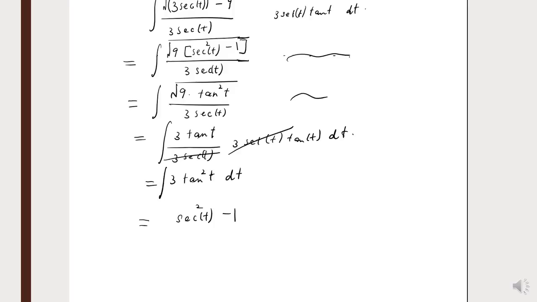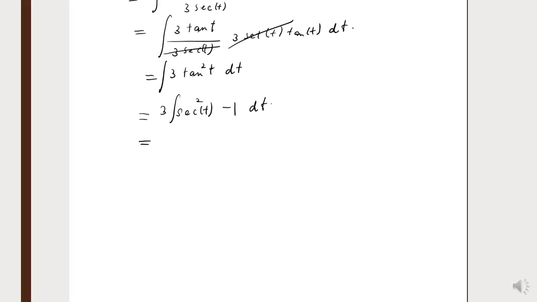This is what we had before, on this part, where we used this formula to change sec t squared minus 1 to tan t squared. But now we can change it back: tan t squared equals sec t squared minus 1. Okay, now we can do the dt.